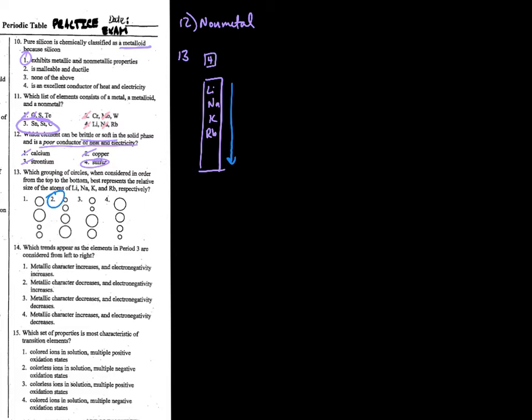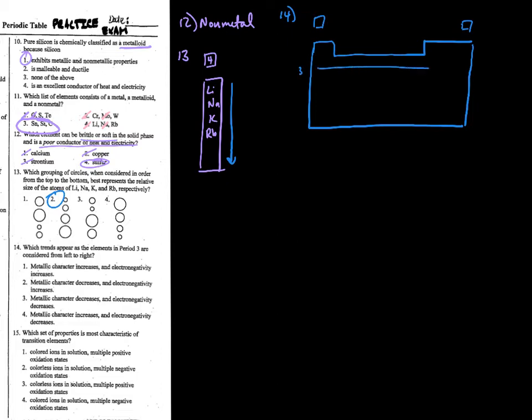Number 14, which trend appears as the elements in period 3 are considered from left to right? So let's look at number 14. Let's draw our periodic table here. Okay, period 3 over here. So metallic character is one of those things we have to consider.